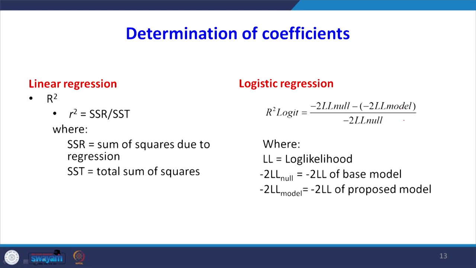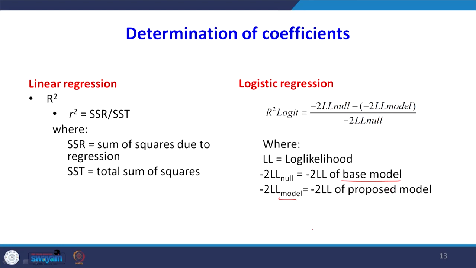I will show what the null LL and model LL are. So, LL is likelihood. Minus 2 LL is the log likelihood of the base model without any independent variable. Minus 2 LL model here means the proposed model.